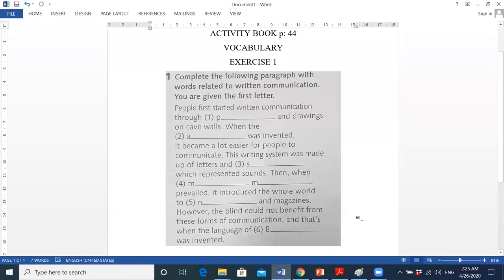On top of the page, you have a vocabulary exercise. It's here in front of you, and you need to complete the paragraph with words related to written communication. All of the words that you need to fill in the blanks are words that we studied just now in the text about Louis Braille. So take the time, read the text again, go check the words at the end of your activity book, then go back to page 44 and do this exercise.